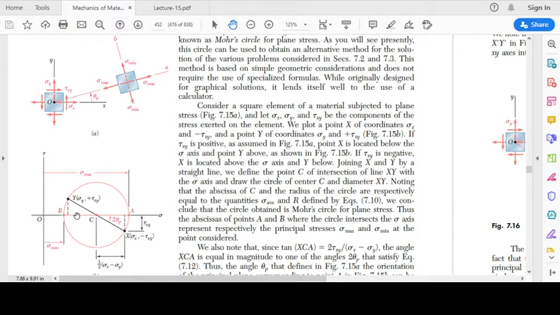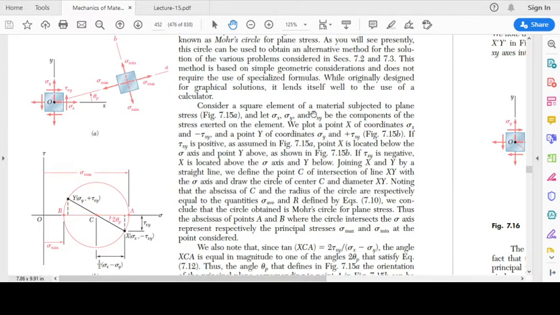The angle starts from the vertical plane, and if the direction is counterclockwise, we take it as positive. So that is how we draw the Mohr circle.